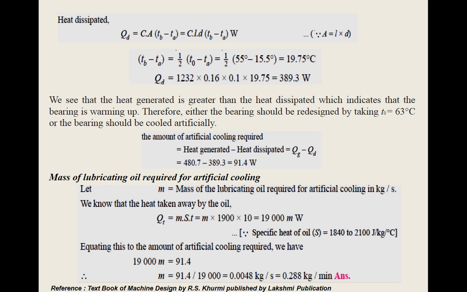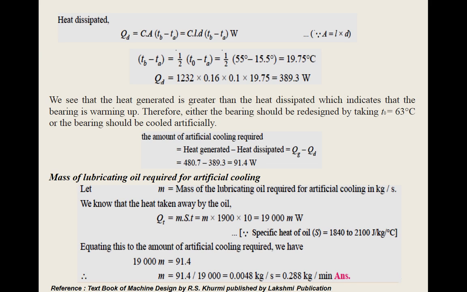The amount of artificial cooling required is equal to heat generated minus heat dissipated, Qg minus Qd, and its value is 480.7 minus 389.3. The difference is 91.4 watt. So we have to dissipate this 91.4 watt of heat from the bearing, so that the bearing comes to the normal condition.